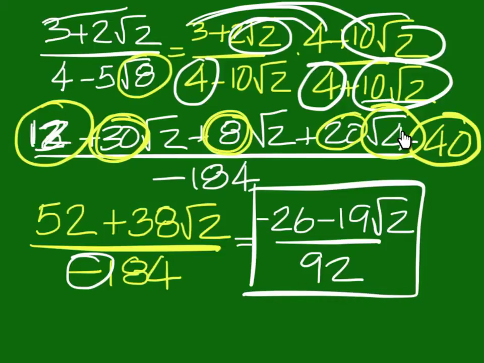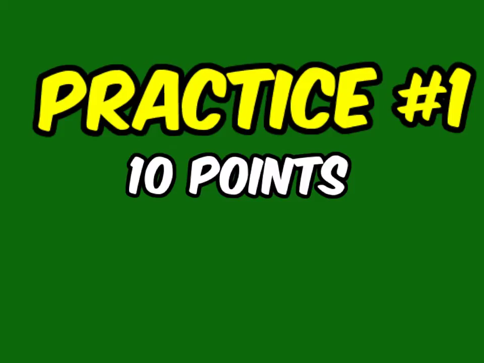The square root of 4 is 2 times 20 is 40. 12 plus 40 is 52. 30 and 8 is 38. We can add those because we have square root of 2's in each of them, and it just tags along. On the bottom it was negative 184. They're all even numbers, so we cut them in half and change the sign because there's a minus on the bottom. This is the final answer.